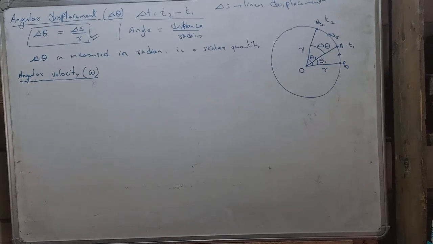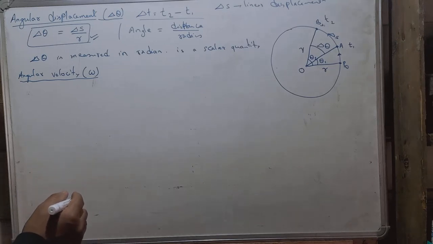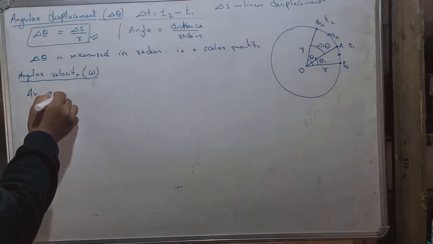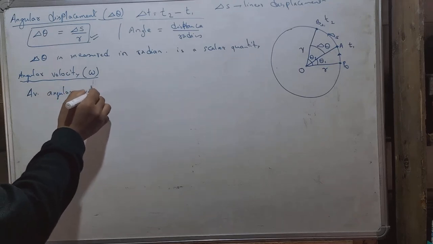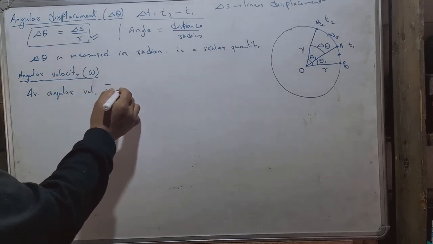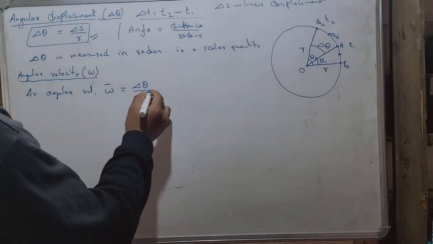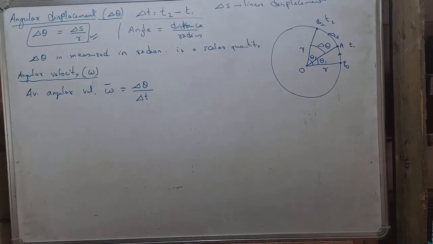Just like linear velocity is defined as the rate of change of linear displacement, similarly angular velocity is defined as the rate of change of angular displacement. So the average angular velocity, omega bar, is equal to delta theta, the angular displacement, upon time interval delta t.